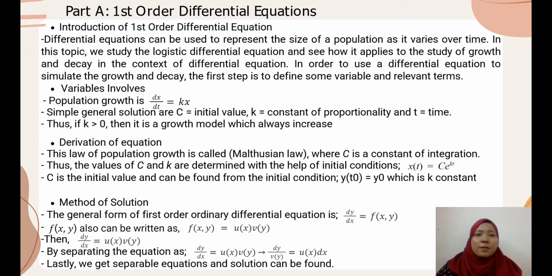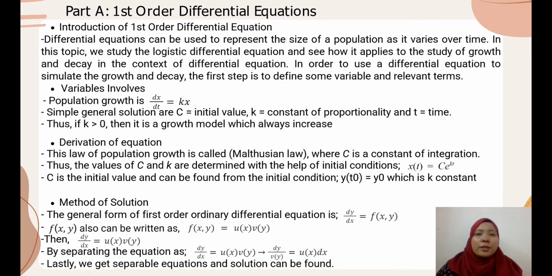Lastly, the method of solution. It is the separable equation method that can be used in this case to obtain the general solution of the equation. The general form of a first order ordinary differential equation is dy over dx equal to f(x,y). In some cases, f(x,y) can also be written as u(x) v(y).